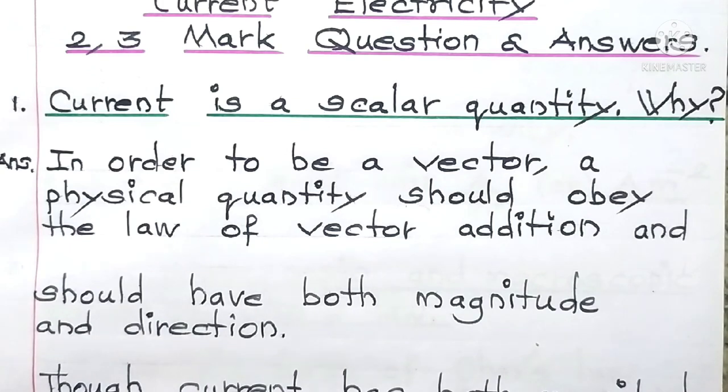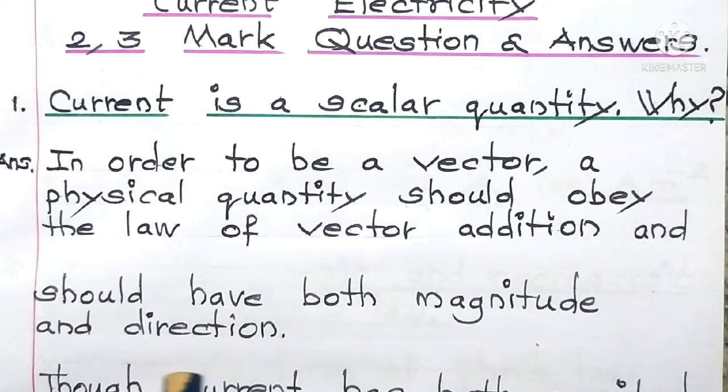It means if a physical quantity should be a vector, it should fulfill two things. One is it can be added only through the law of vector addition, and that particular physical quantity should have both magnitude and direction.